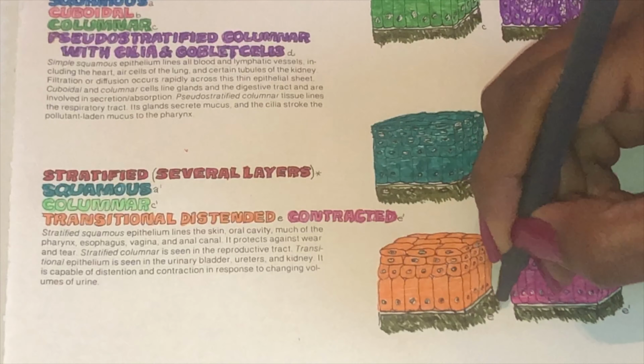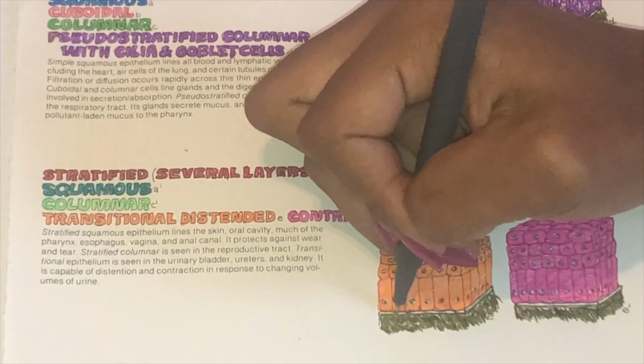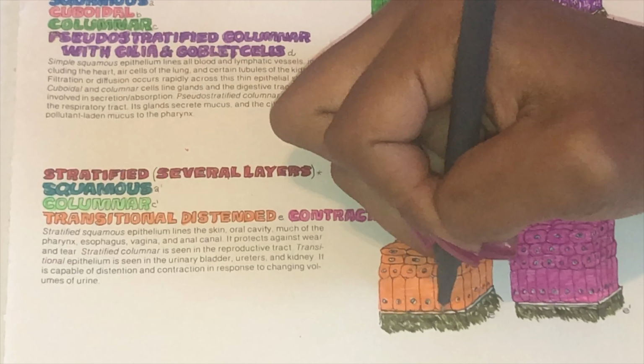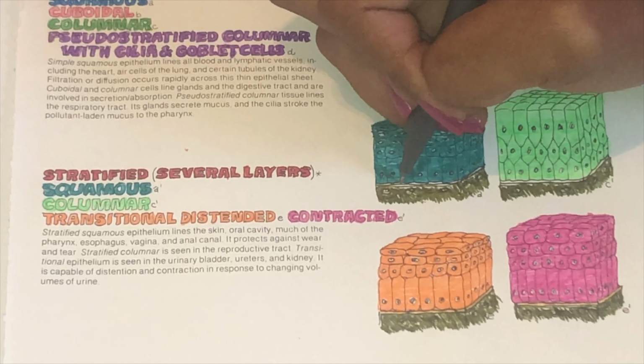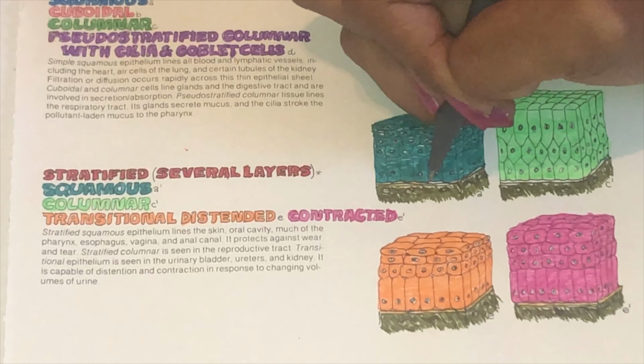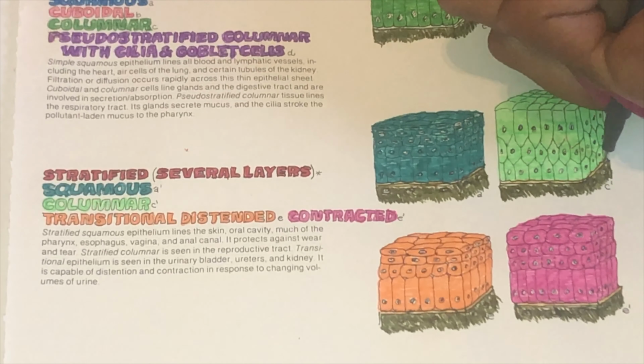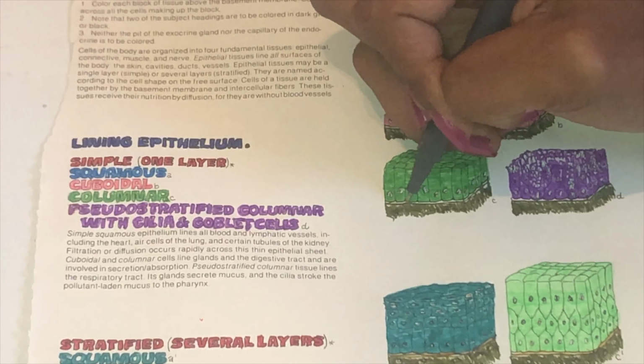And on the transitional distended and the contracted. And I wanted to go ahead and color in the basement membrane, just so you can see that as well.